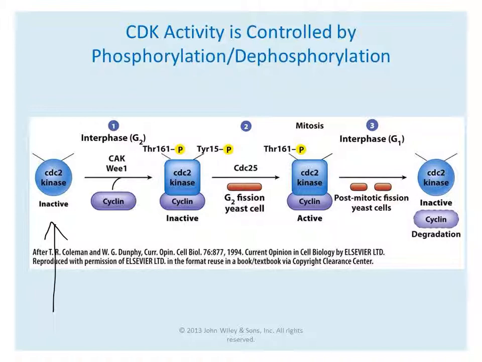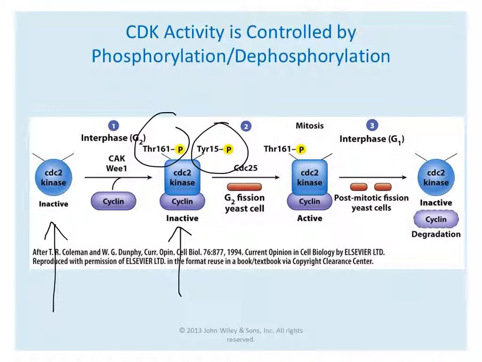The CDC2 kinase is inactive, and one of the first steps to its activation is that it binds to a specific cyclin. There are high enough levels of that specific cyclin to allow for complex formation. Additionally, 2 phosphorylation events occur on the CDC2 kinase, one at threonine 161, and the second at tyrosine 15.